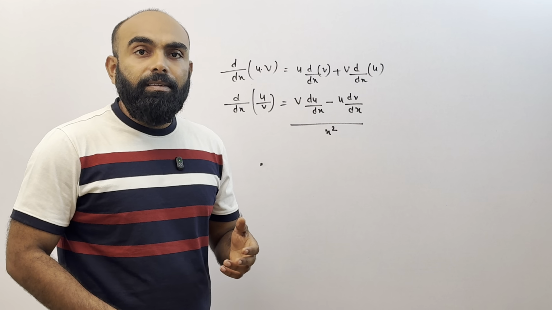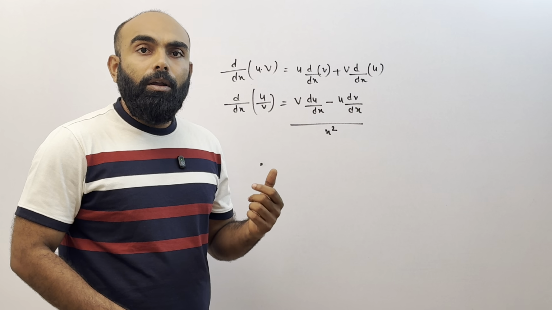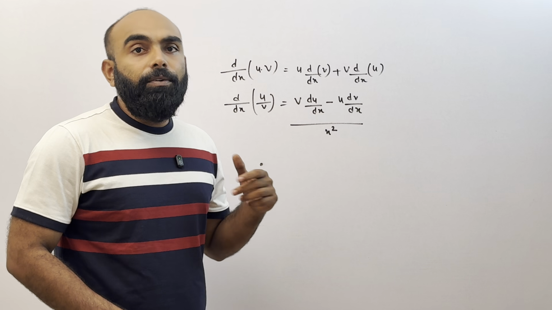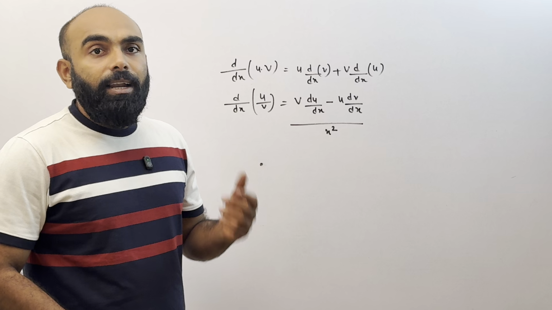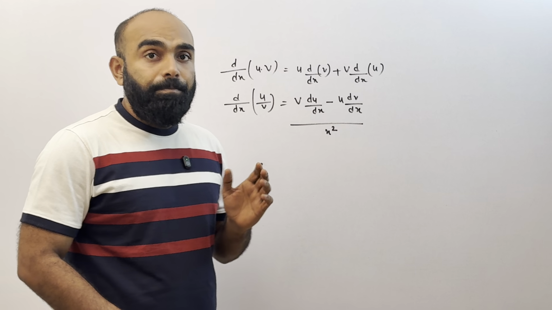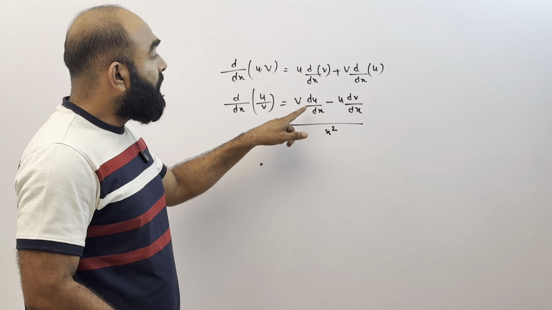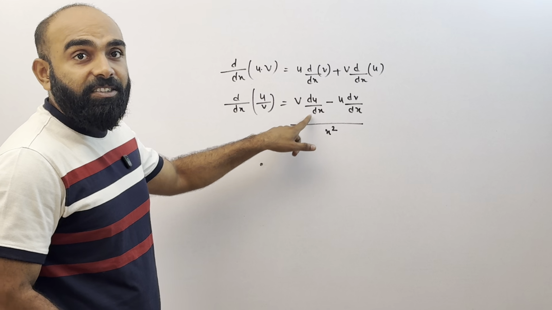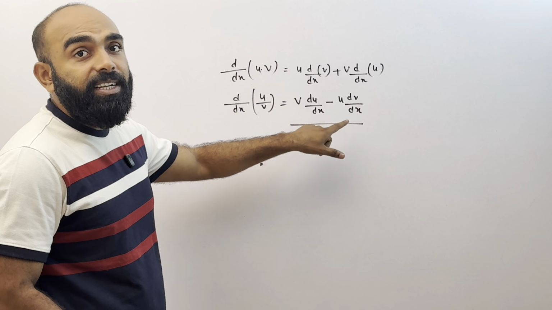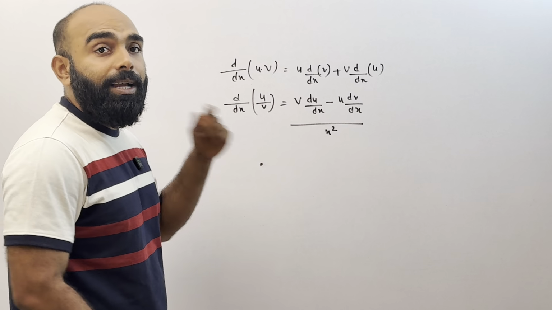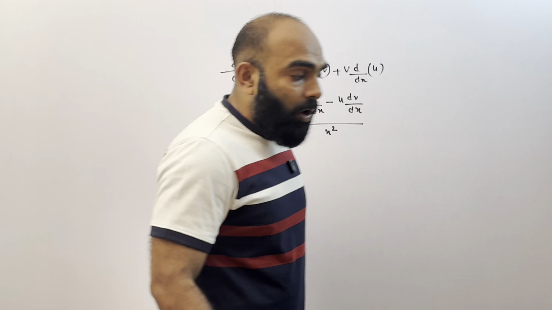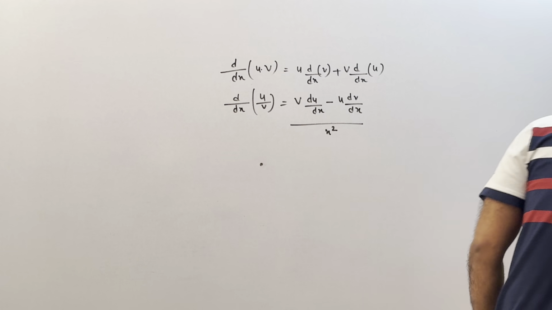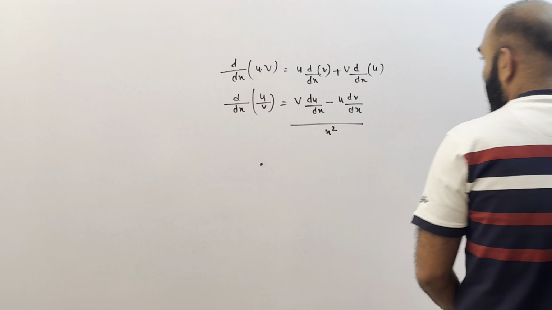If it is u by v, that is called the quotient rule. Quotient rule means leave the v, differentiate u, that is du by dx, minus leave the u, differentiate v, that is dv by dx, divided by v square. And also we did some basic questions based on x to the power n.